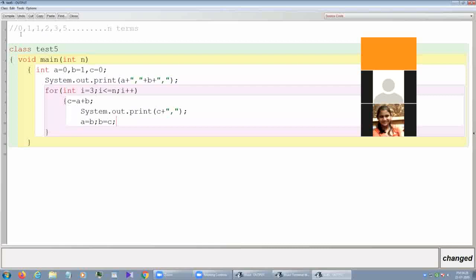Number 3 term, what do we have? 1. Number 4 term, what do we have? 2. Number 5 term, what do we have? 3. Up to 3 it will print. So that means if the value of n given by the user is 5, then up to 3 it will print. Is it clear now? Yes, sir.